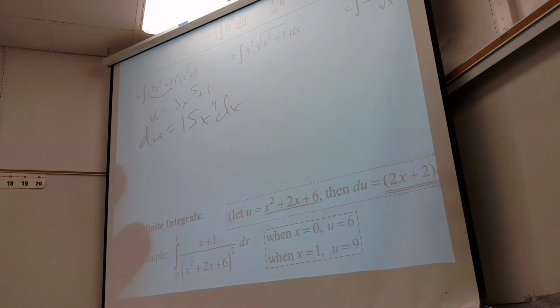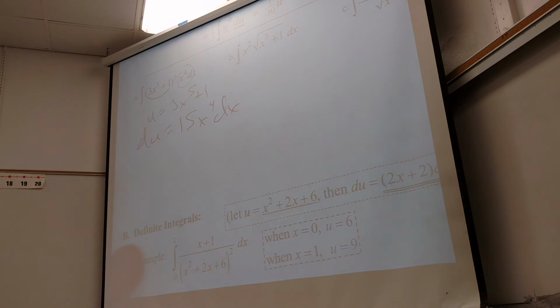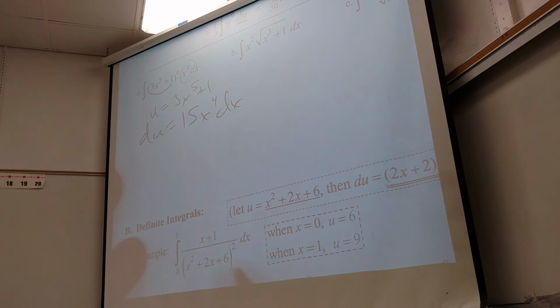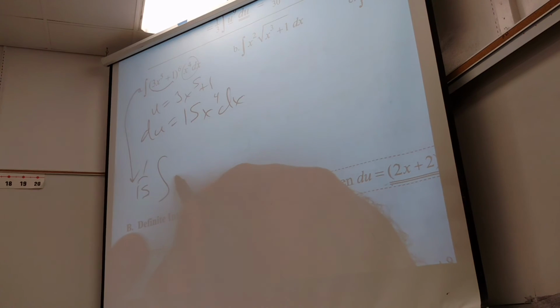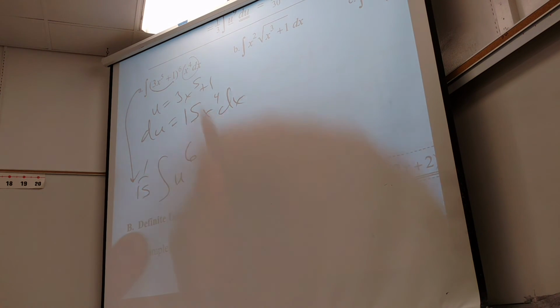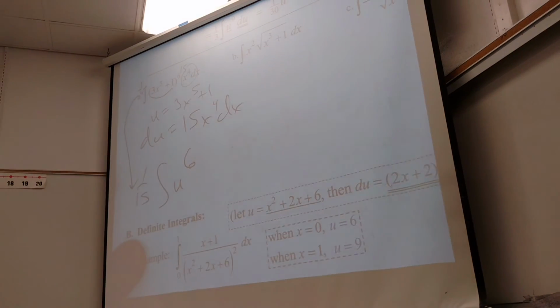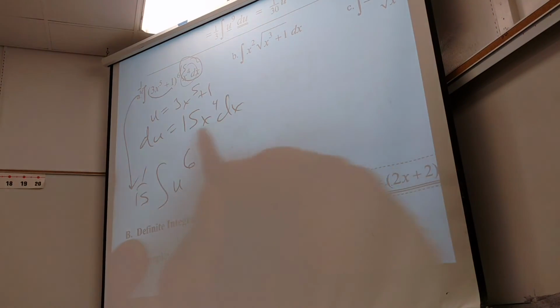Thank God, because I have an x to the 4th there, right? I have to have that x piece there, or u-sub will not work. So, of course, what am I missing? 15. So how am I going to rewrite this integral? 1 over 15 integral u to the 6th, and then it would be 15. So if I put 1 over 15, it would be 15 there, and that would be du.